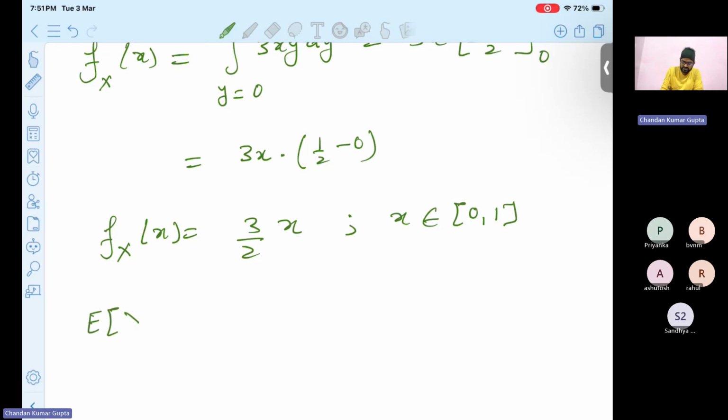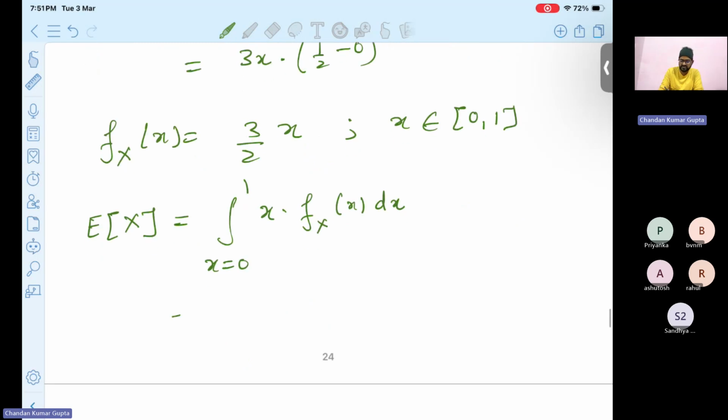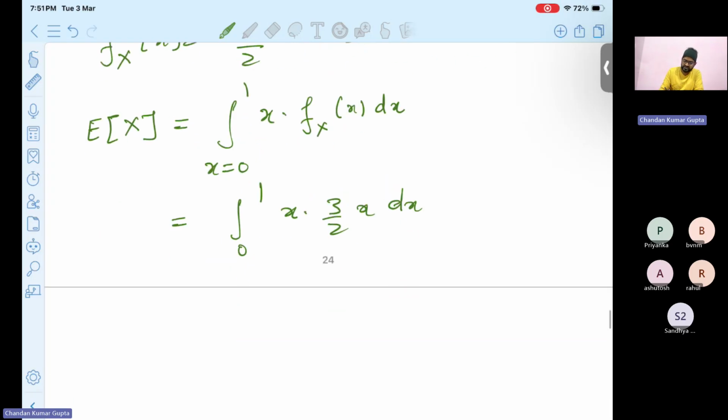So now the first step is to find the expectation of x, because we need the expectation of x for the correlation, sorry, for the covariance term. So it is the integral from 0 to 1 of x into f of x dx. Simple. So it comes out to be 0 to 1 of x into 3 by 2 x dx. So yes, 3 by 2 is taken out of the integral.